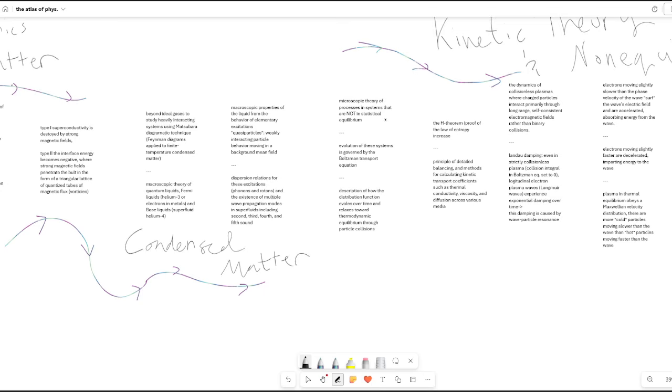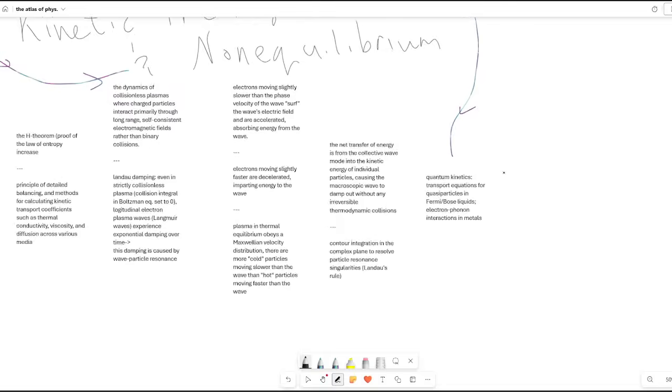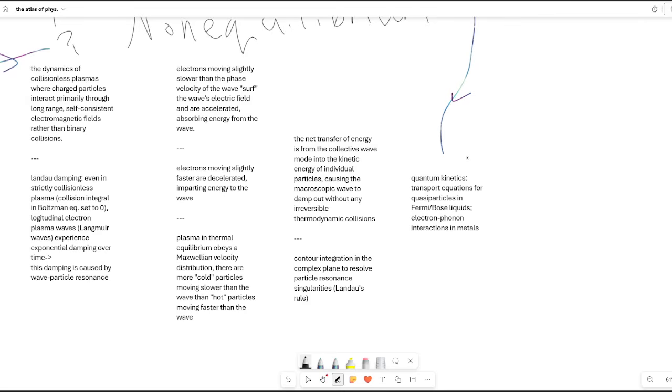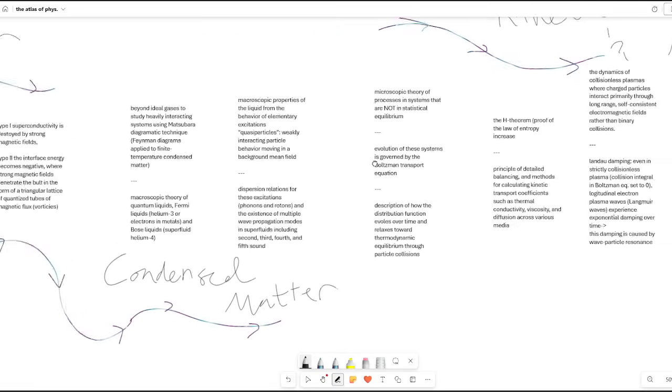These are more mathematical physics types of endeavors. I know I might get some hate for that, but that's kind of the truth. We're focusing specifically on theoretical physics here.